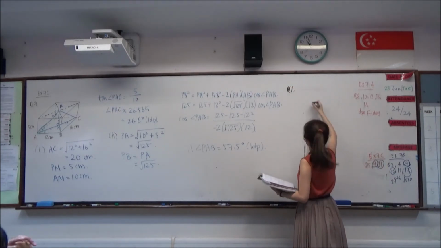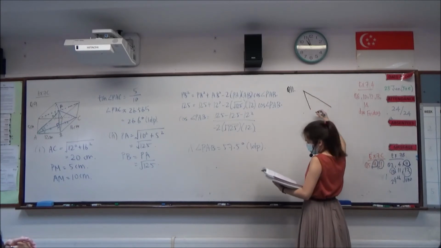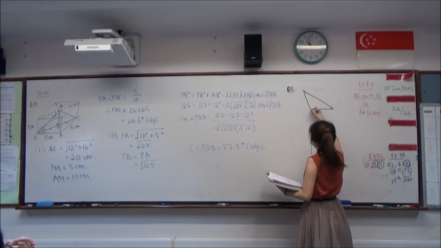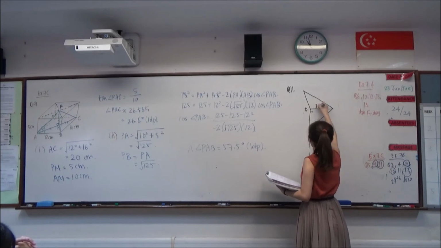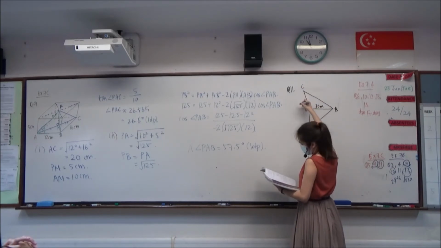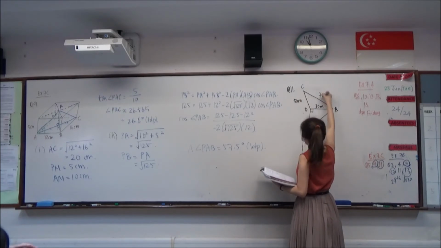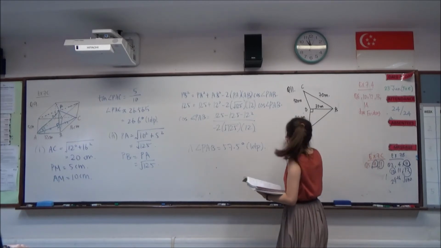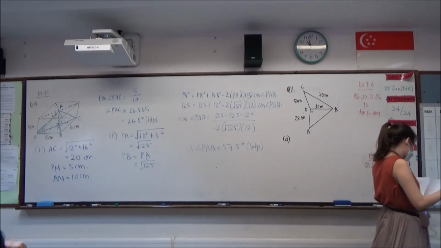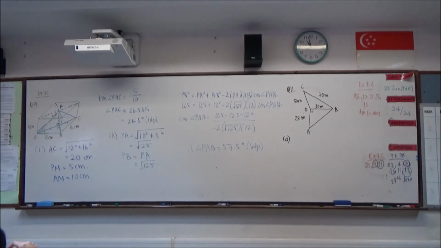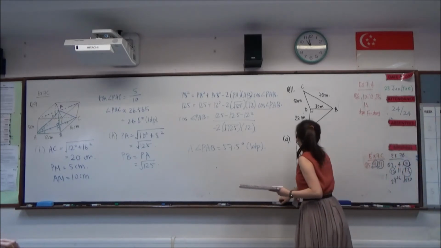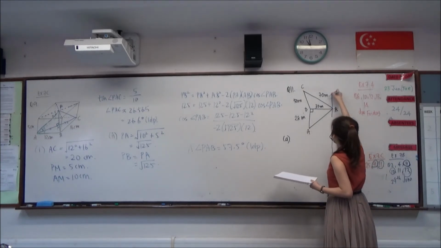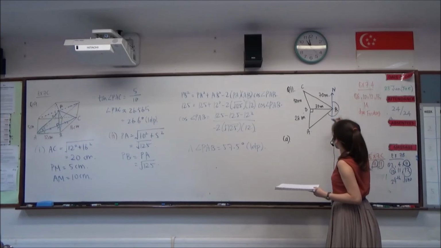Okay, question 11. Given this diagram, part 1, we want to find the bearing of A from B. So at B itself, we draw our north line, and this is the angle that we need to find.